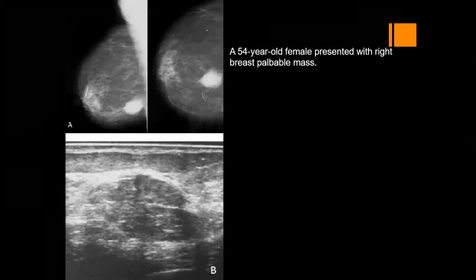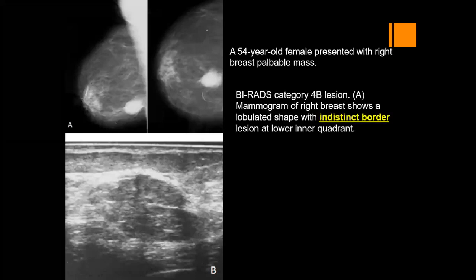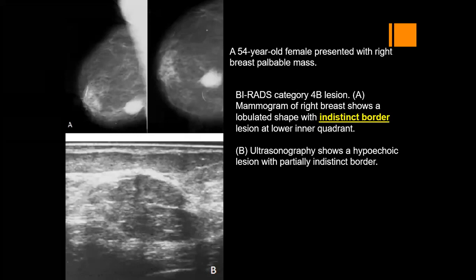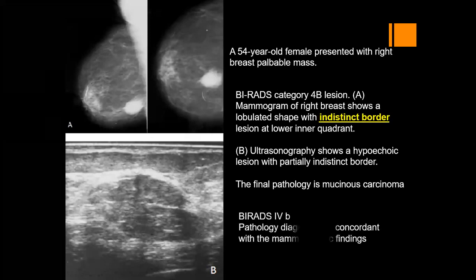Indistinct margin in part of the margin, on both ultrasound and mammography, with high density. It is oval and parallel but has an indistinct border on ultrasound. So it is BI-RADS 4B, and the pathology was mucinous carcinoma. So the mammography appearance and the pathology are concordant.